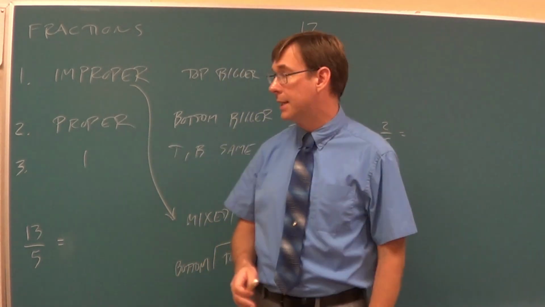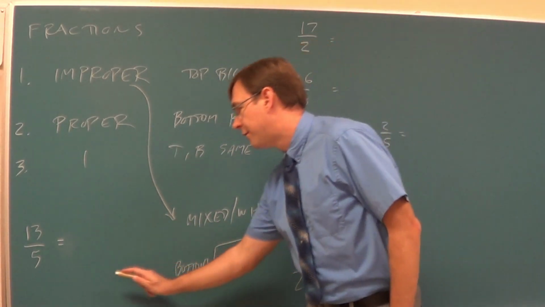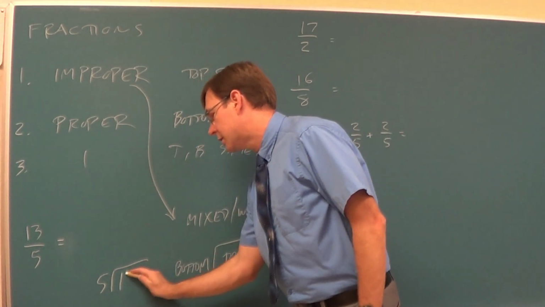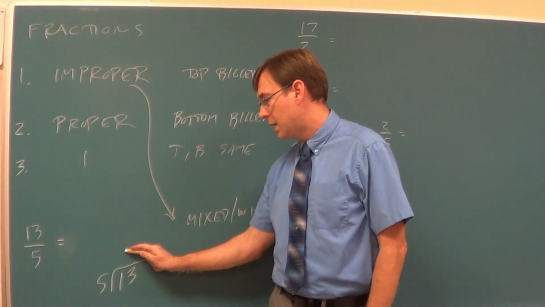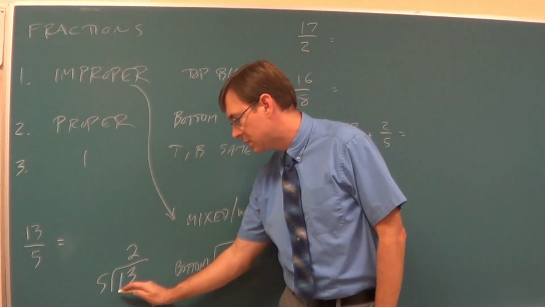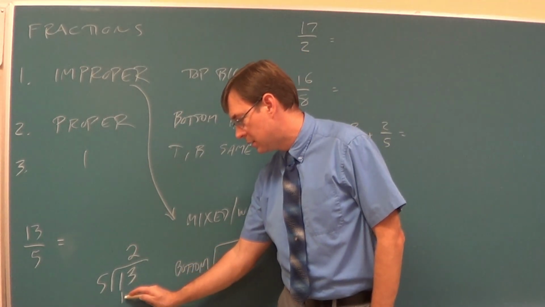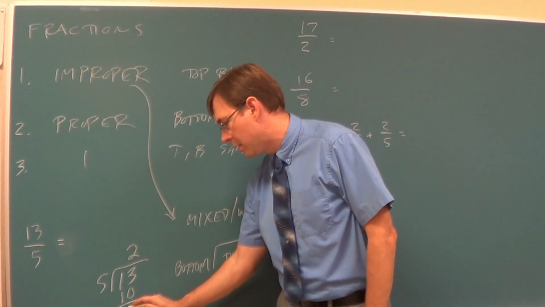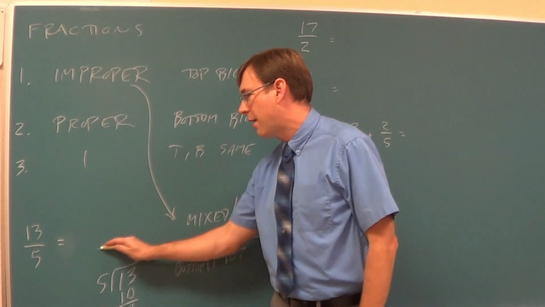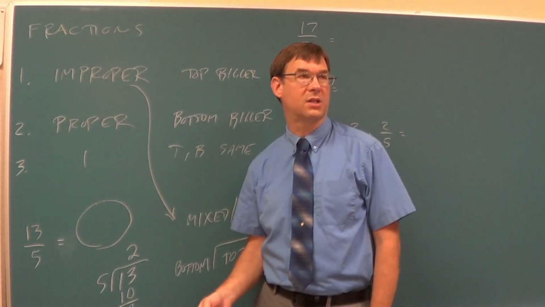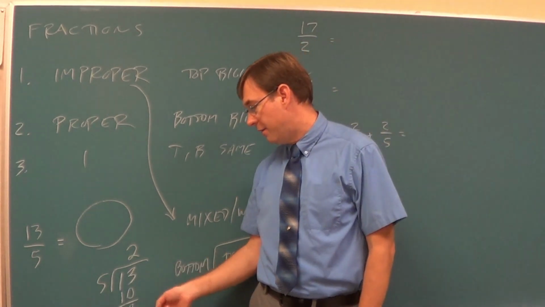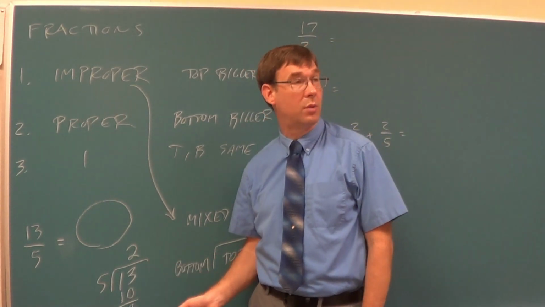So it still means that today. If we divide 5 into 13, that's going to get us a mixed number. 5 into 13 goes 2 times. 2 times 5 is 10. Remainder 3. So now the question is, who goes where? What mixed number does this make out of the numbers we just played with?